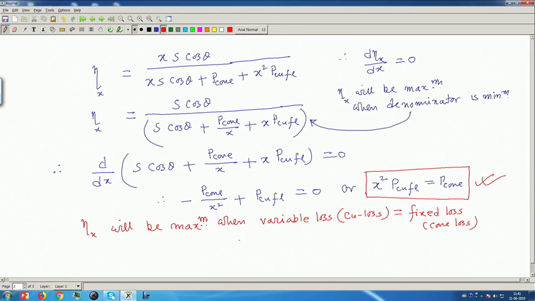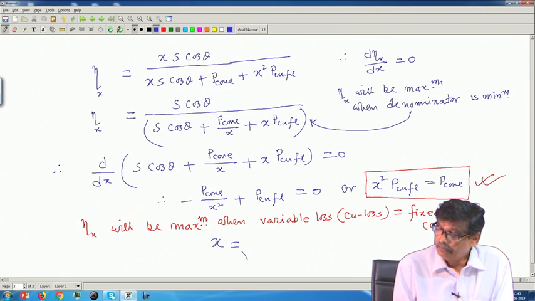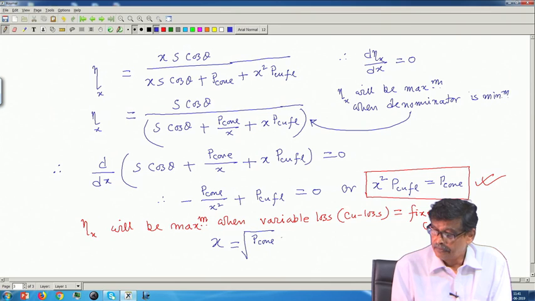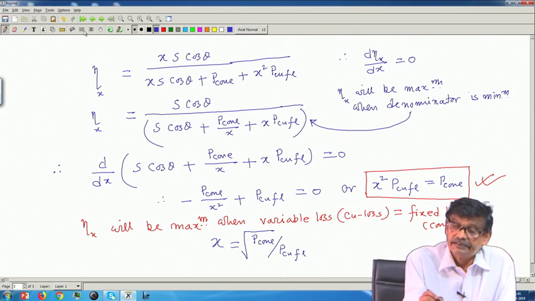Got the point? This is the thing. Or I can say that x will be equal to root over P core by P copper loss full load. This is the thing.